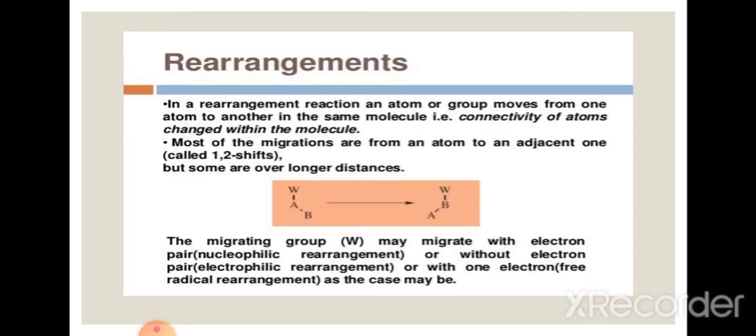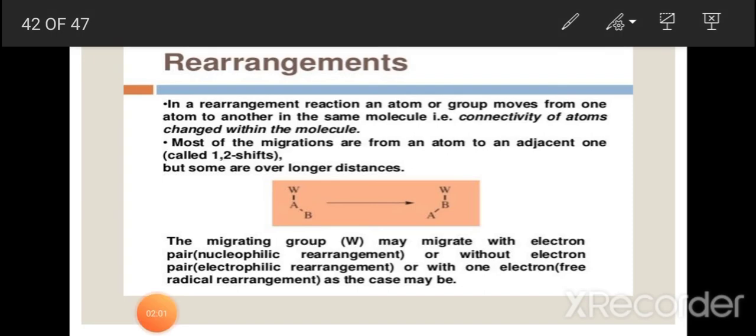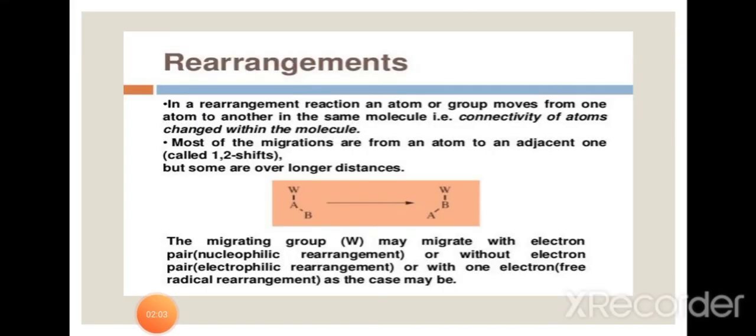Next is rearrangement reactions. Rearrangement reactions are those reactions involving the migration of an atom or group from one atom to another within the same molecule.